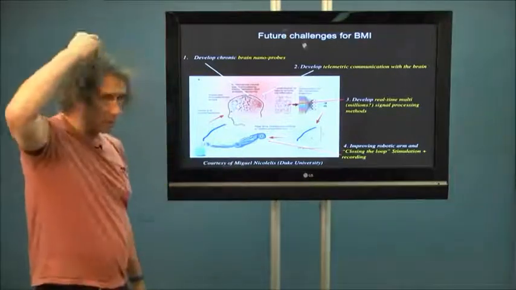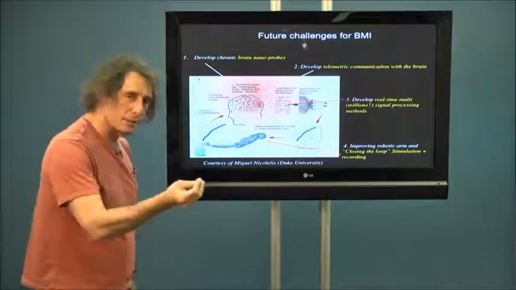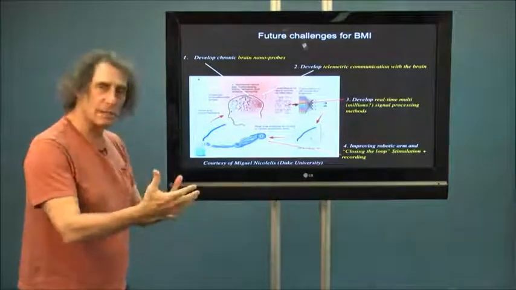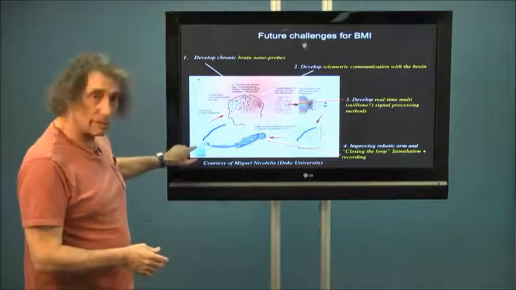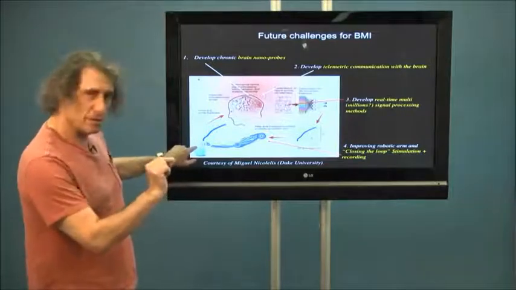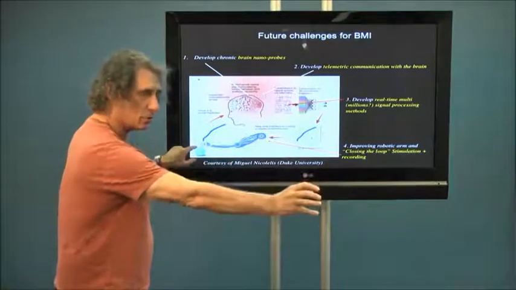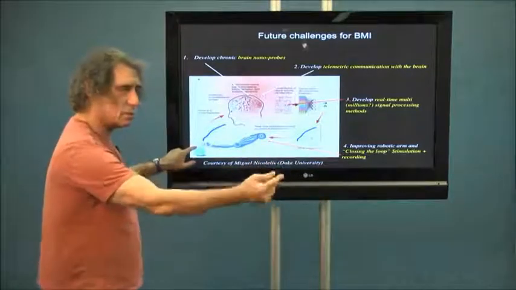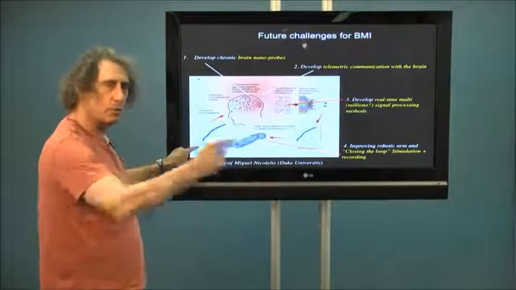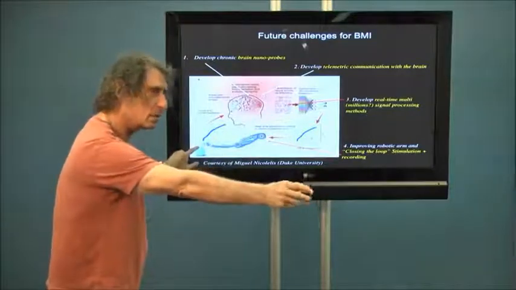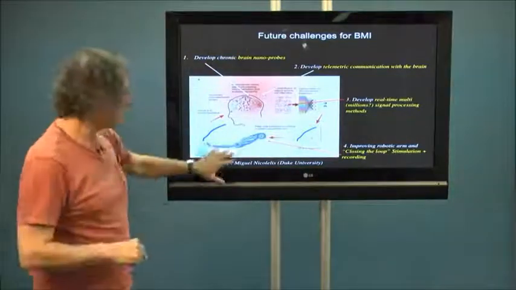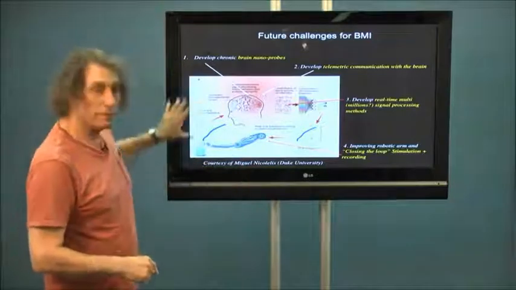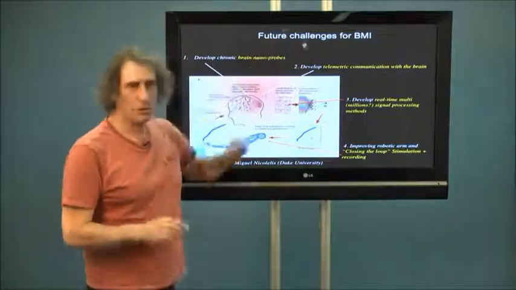Sensors that are going to another region in the brain, the sensing region, somatosensing. So we need to put in this robot sensors when the robot will, so to speak, touch a bottle or a glass or somebody else, there should be an information closing the loop. So movement and closing the loop in terms of touching. That's another challenge. So these are the future challenges for brain-machine interface.